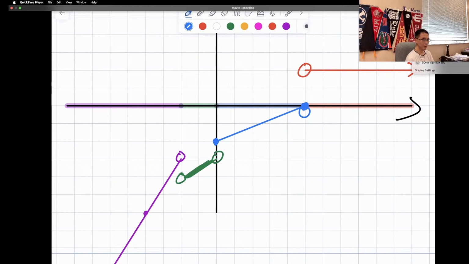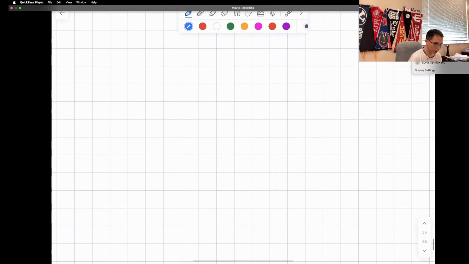And there we go. That's going to be homework. If I give you a graph, can you tell me the equation?